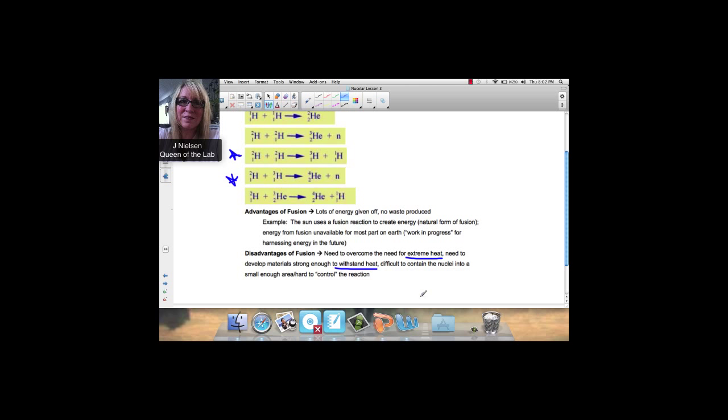So it's difficult to contain the nuclei in a small enough area where we can control the reaction. So right now, this is not something that would be cost effective for us to pursue, but it would be great if we could, because it certainly produces a whole lot of energy.